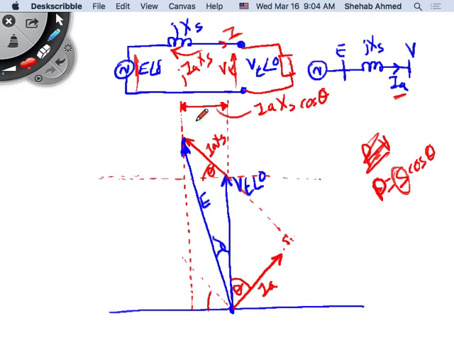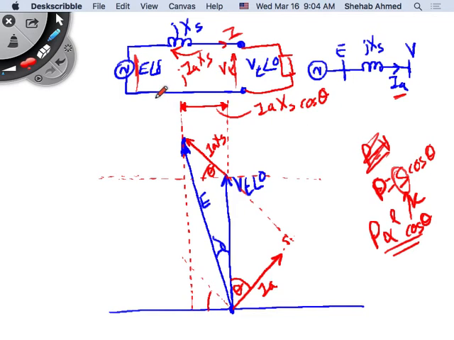So basically real power is proportional to it, with some proportionality constant K. So real power is actually proportional to cosine theta. Do we agree? This space here is proportional to the real power here.